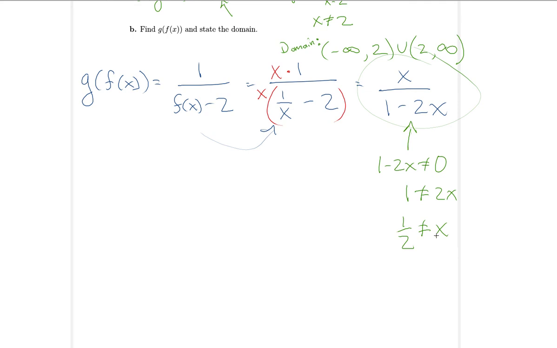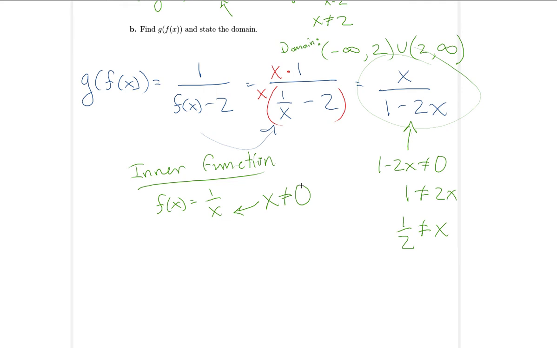But I also have to think about my inner function, okay? So the inner function, of course, is f of x equals 1 over x, and it has a domain where you can't let x be 0.